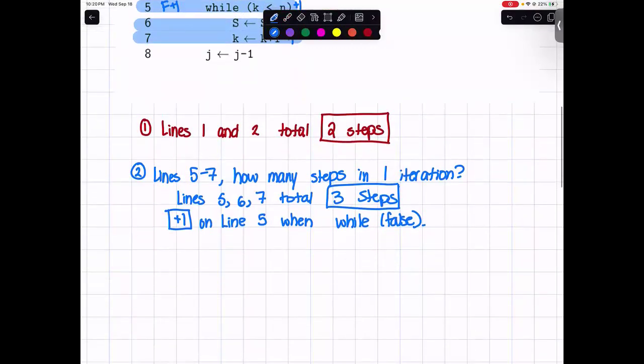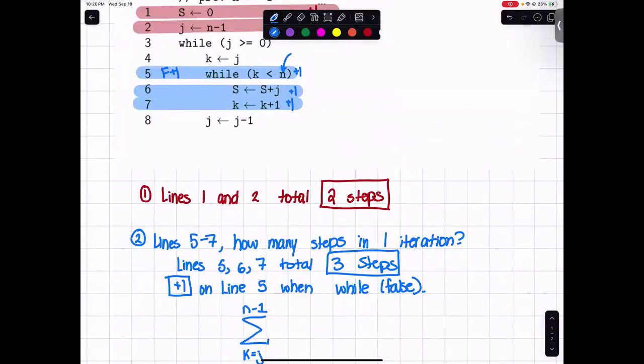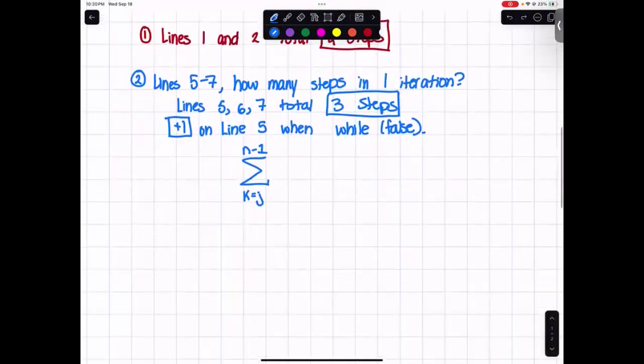So let's write this down with that summation. We know that k starts at j, and we can do that because our outer loop is going to reference j shortly, and it goes up to and including n minus 1, right? Because this goes up to but not including n. Okay, so then this is going to be 3. We can factor that 3 out. This is going to look like this.